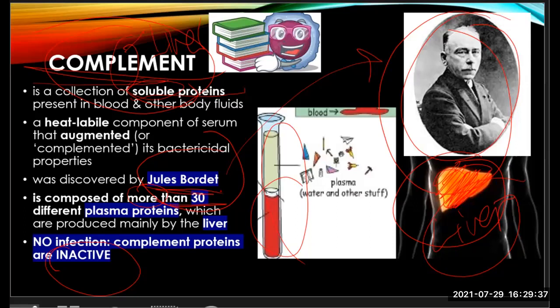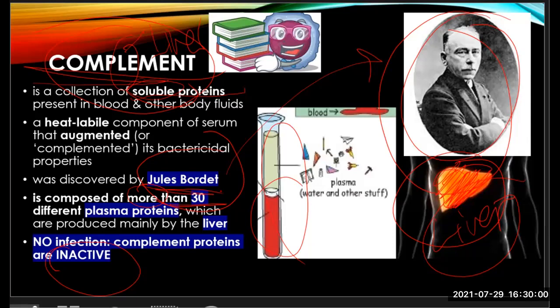So that was it. Although complement was first discovered as an effector arm of the antibody response, we now understand that it originally evolved as part of the innate immune system, that it still provides protection early in infection in the absence of antibodies, through more ancient pathways of complement activation.